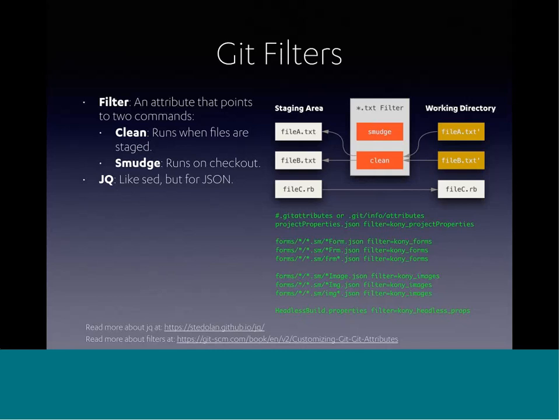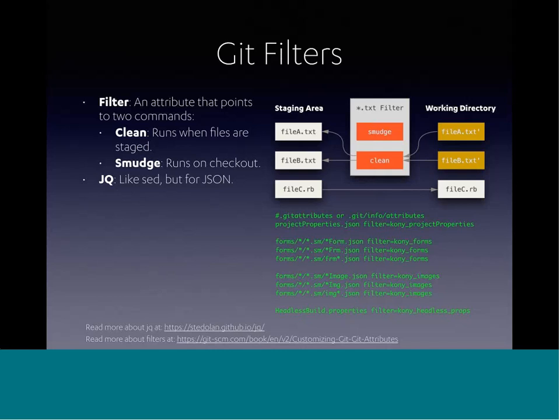So when I have been working on my project, I want to push certain changes into source control, but not all of them. So that's just when files are staged. Okay.